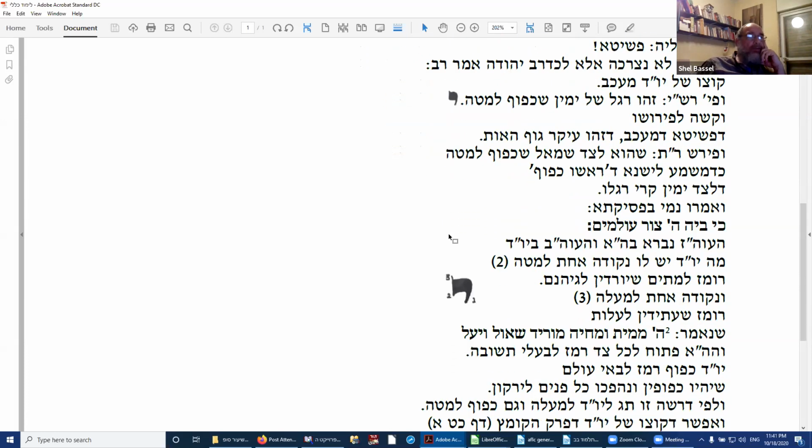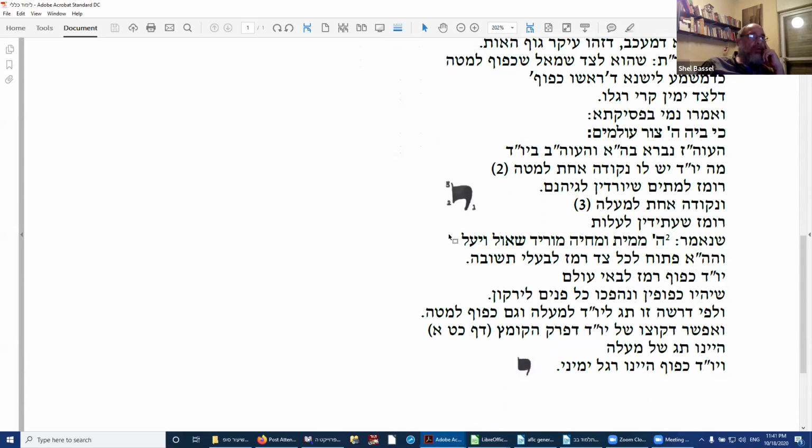So now the Rosh brings another source, which is similar but not quite the same as our Gemara, from the Psikta. So this Psikta, this is where we'll stop.